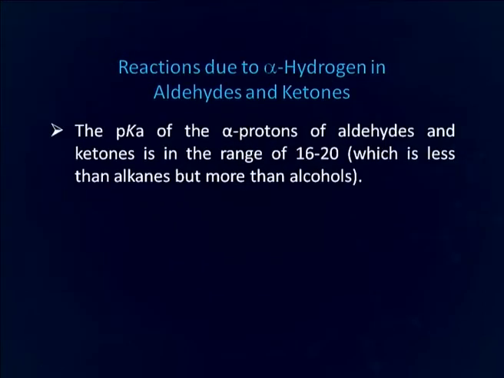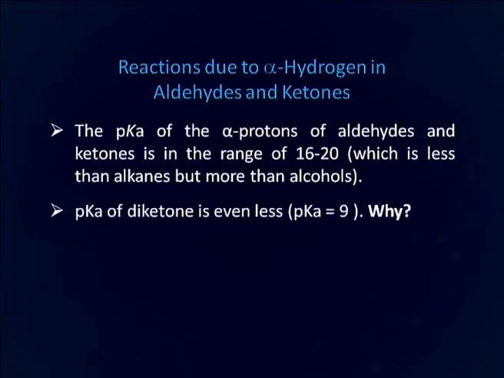The pKa value of alpha protons of aldehydes and ketones is in the range of 16 to 20, which is less than that of alkanes, but more than alcohols. In other words, aldehydes and ketones are more acidic than alkanes, whereas they are less acidic than alcohols.